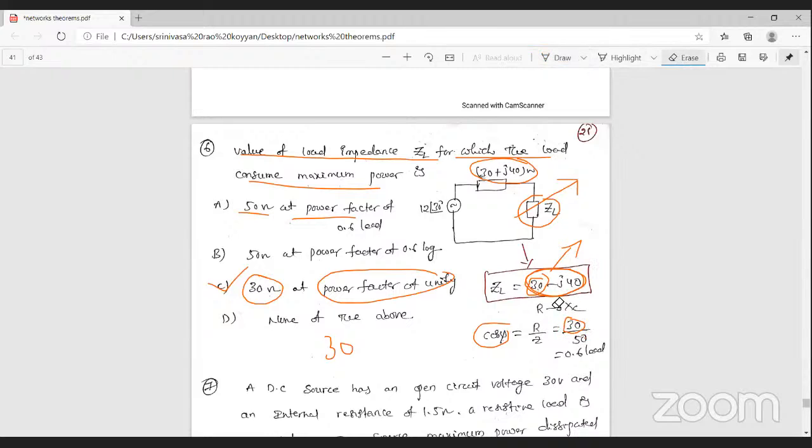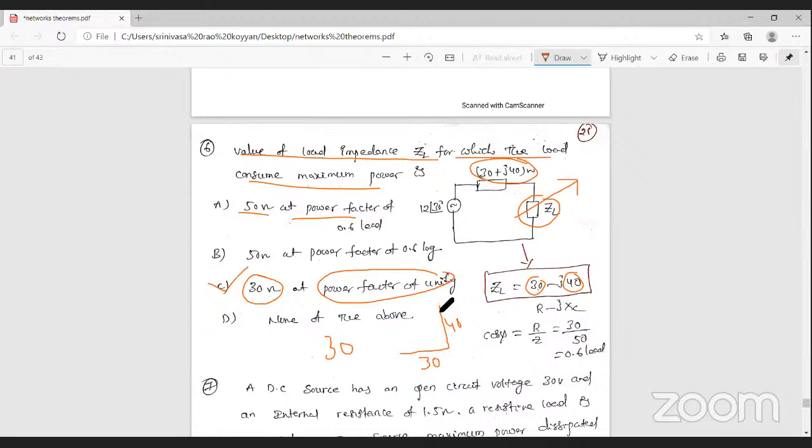I will explain the power factor value. Here the resistance is 30. So resistance 30 like that. Here the reactance part, that is 40. Reactance always has a 90 degrees displacement. This is 40, this is 30.